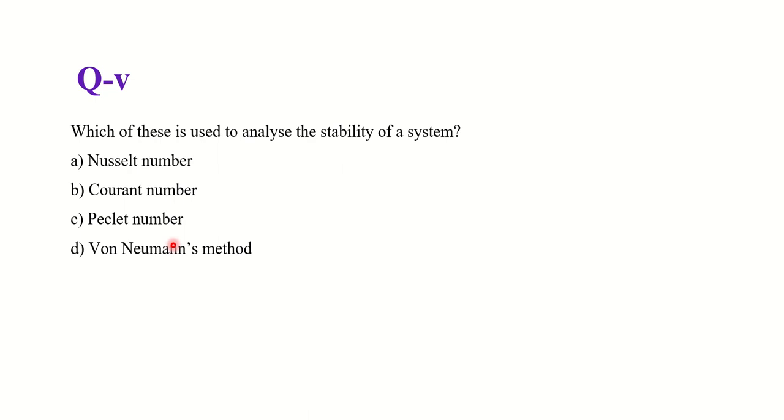Using the Fourier series transformation, we put it in the original equation and arrive at the stability criteria, like the Courant number should be this, the Peclet number should be these. These are all the products of the von Neumann stability analysis criteria. The major thing that is used to analyze the stability of a system is von Neumann's stability analysis method.